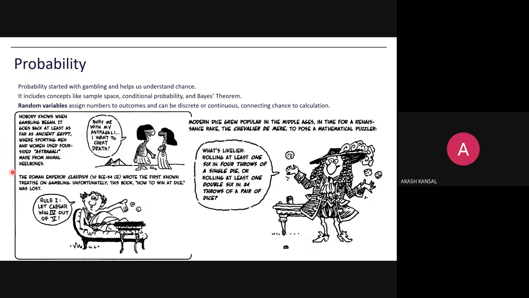So ancient Egypt, basically, and the Roman emperor Claudius, who wrote his first book, a treatise on gambling. When they used to bury the body with the astragali, they were trying to gamble only. This book was titled "How to Win at Dice," but it was lost somewhere.